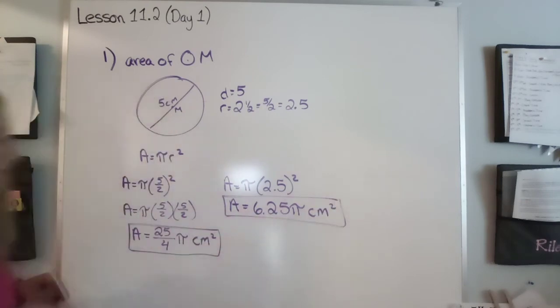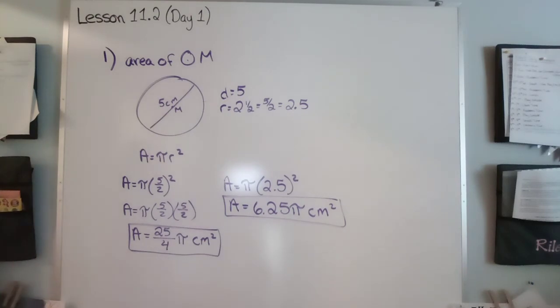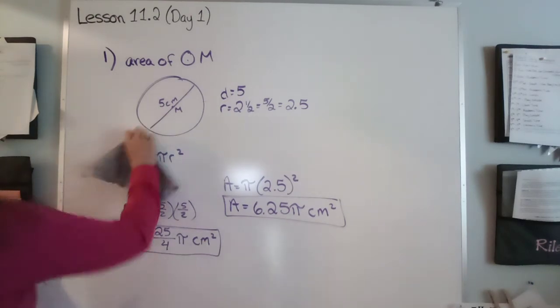So those would be the exact answers. It doesn't say to round. If I wanted to approximate, plug in the calculator and get 19.63. Okay? I prefer this answer over that answer. All right? Let's do problem number 2.